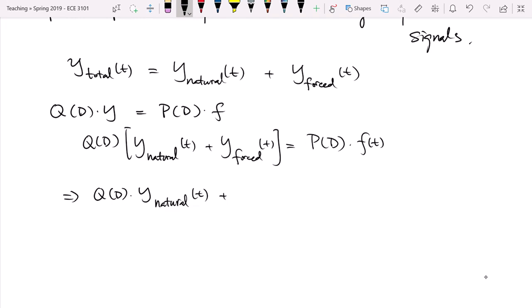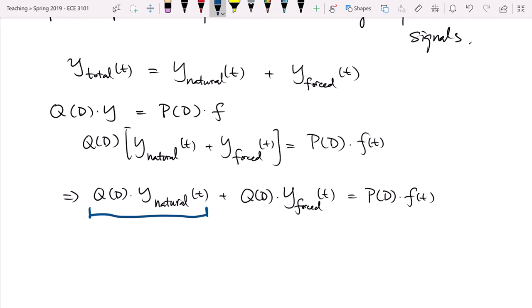Now, what you'll find out is the following. When I further write down this equation, which will have this, and if you can think of this part, you may be able to figure out that this part will be 0.